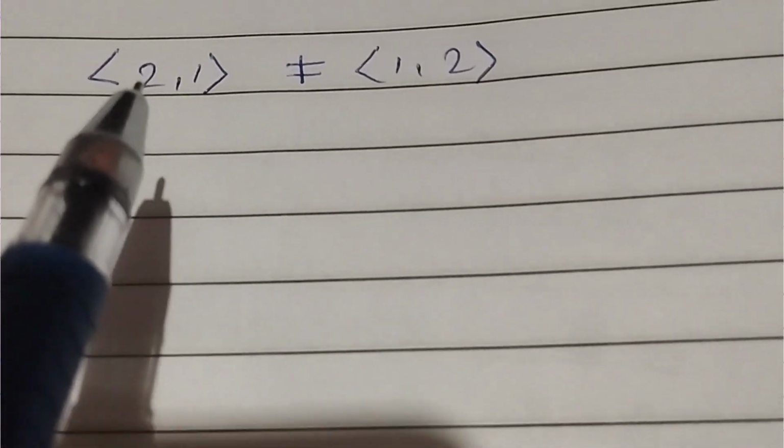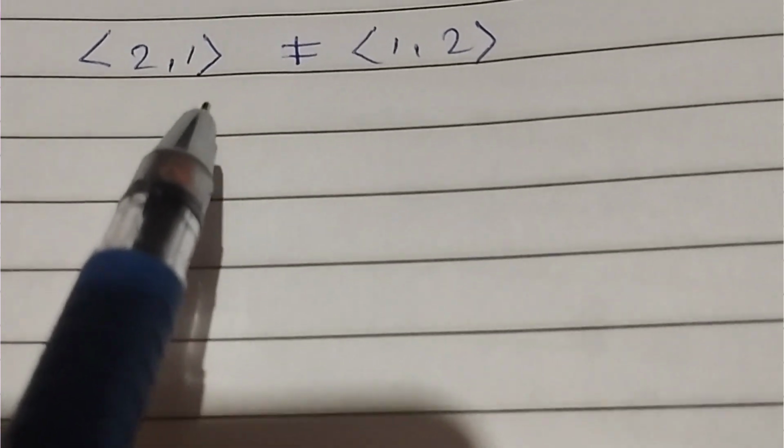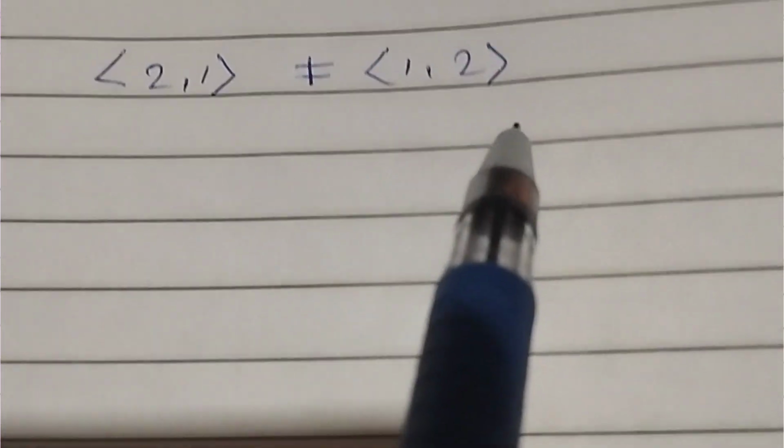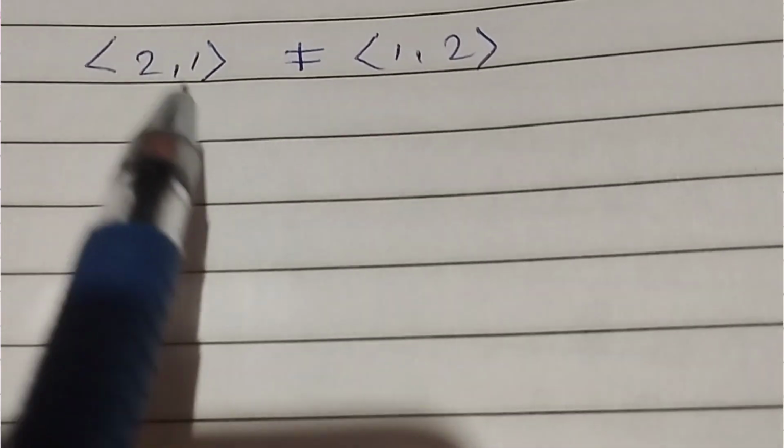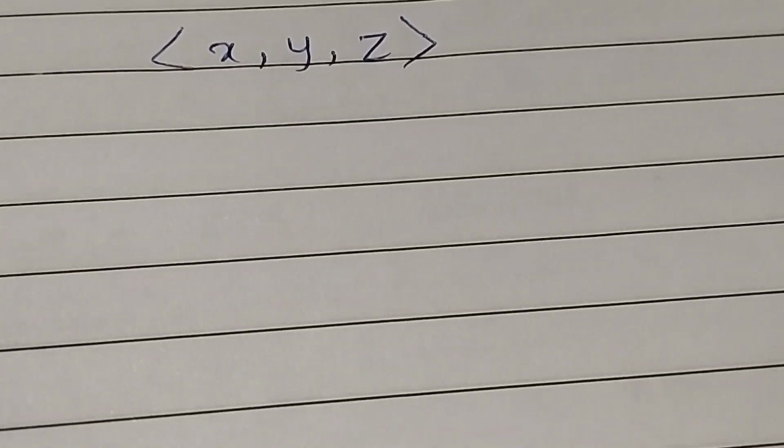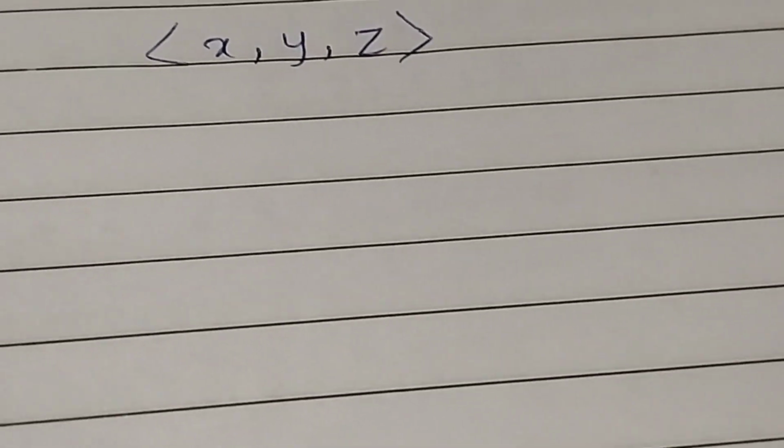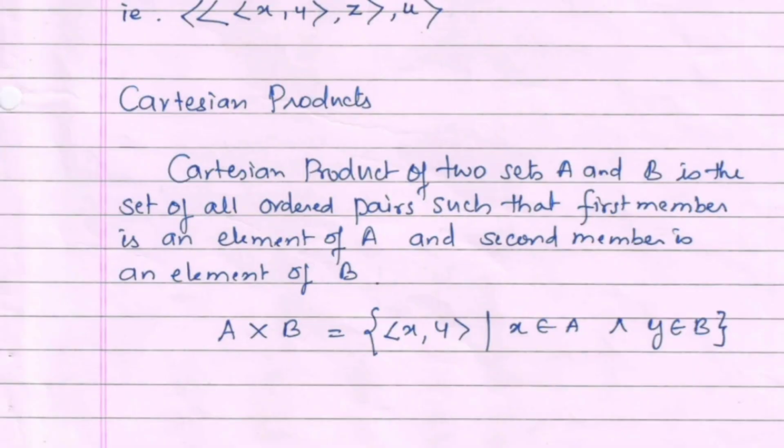Meaning if this is X and Y, then we do not write Y and X. The order of the elements is fixed. If 3 elements are given, this is called an ordered triplet. If 4 elements are given, this is called an ordered quadruple.